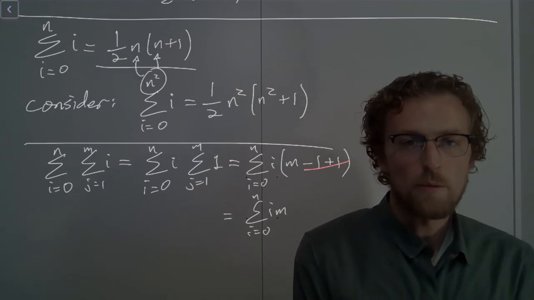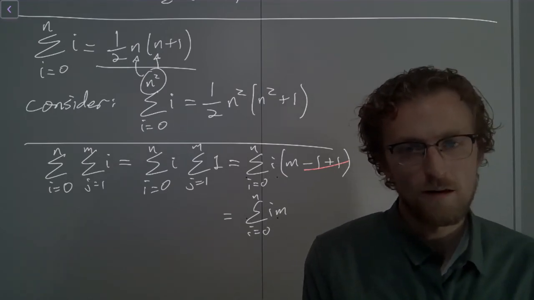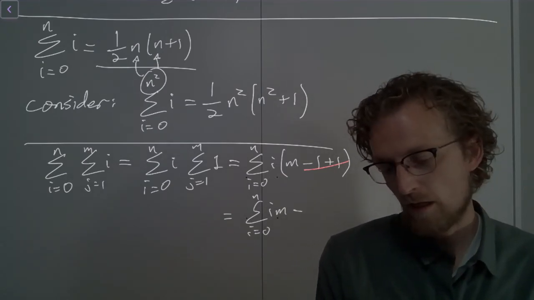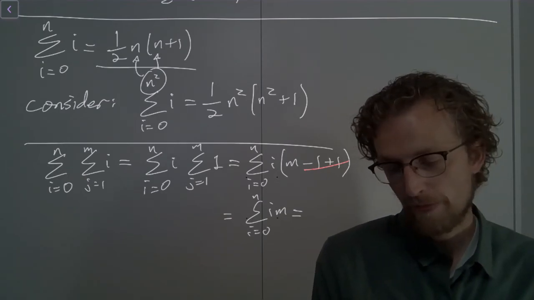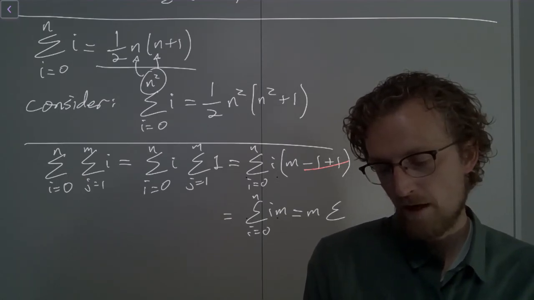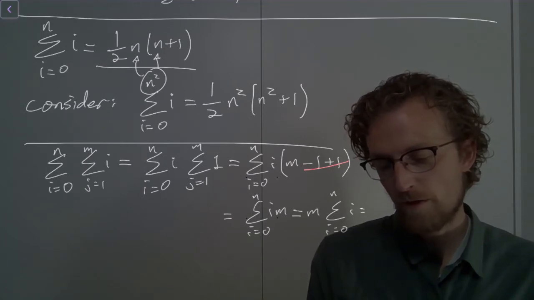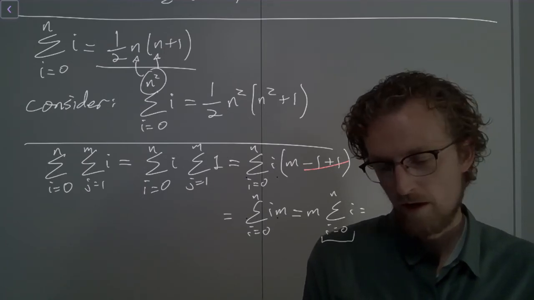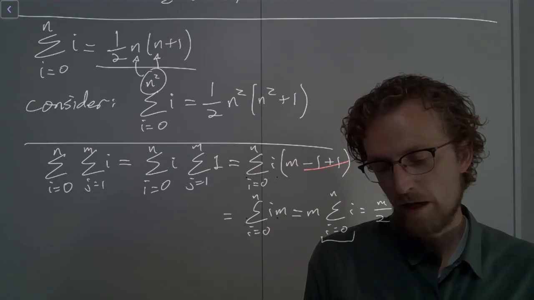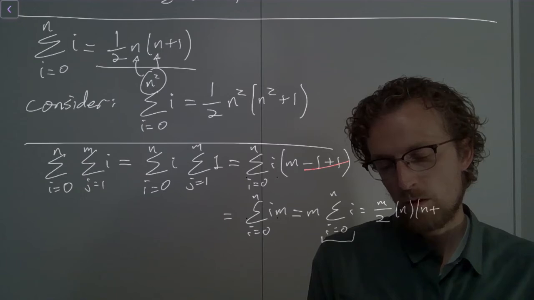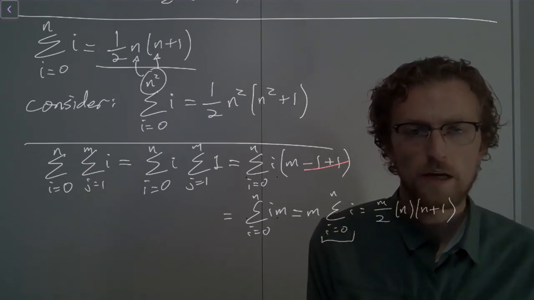And now m is a constant with respect to the sum limits that we see here, so I can just factor out m. So this is m times the sum from i equals 0 to n of i. And I know a formula for this piece, so I can just plug that in. So in the end, I get m divided by 2 times (n plus 1). And there's my answer.